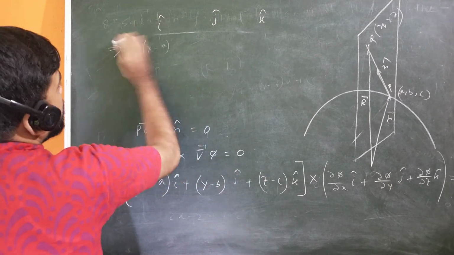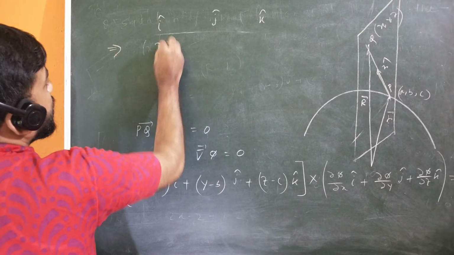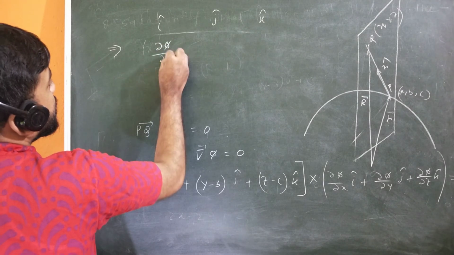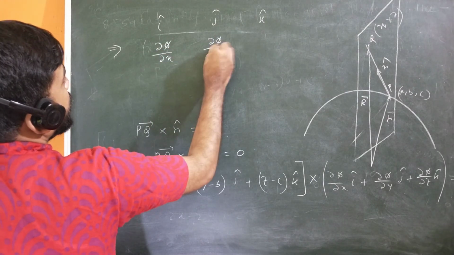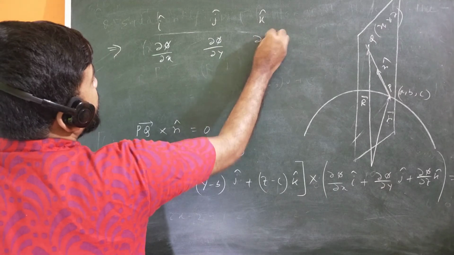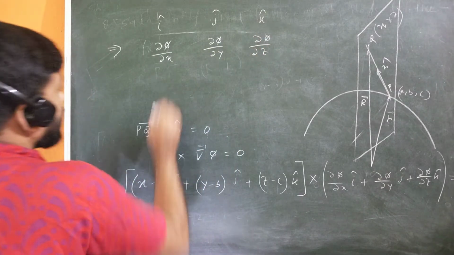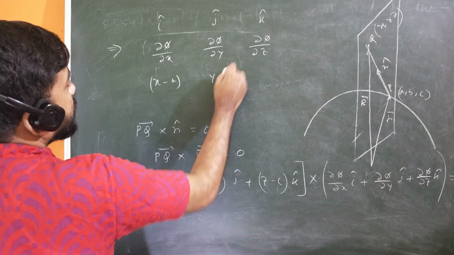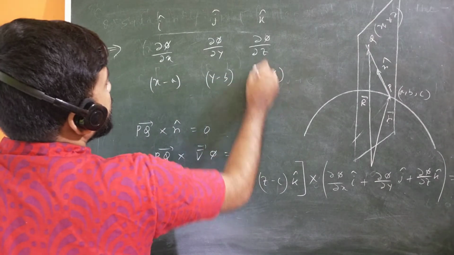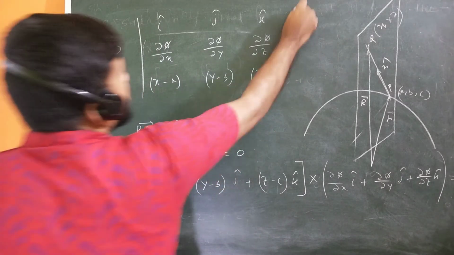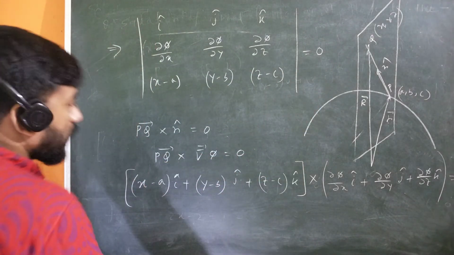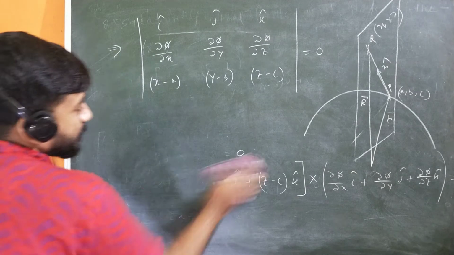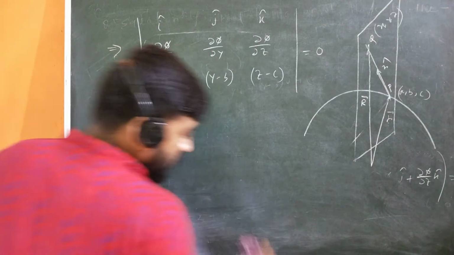It does not matter though. So you write del phi del x, del phi del y, and del phi del z, and then x minus a, y minus b and z minus c, is equal to 0. If you solve it you will get the standard result, no problem. You have to remember this result also.